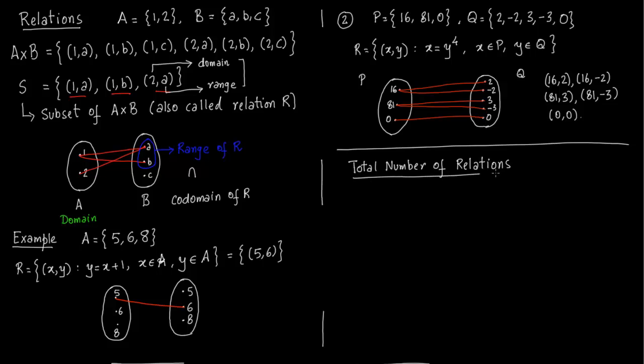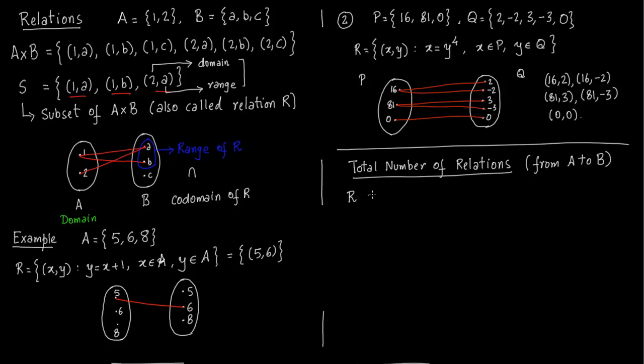So what is the total number of relations from set A to set B? As I said before, a relation is nothing but a subset of the Cartesian product.